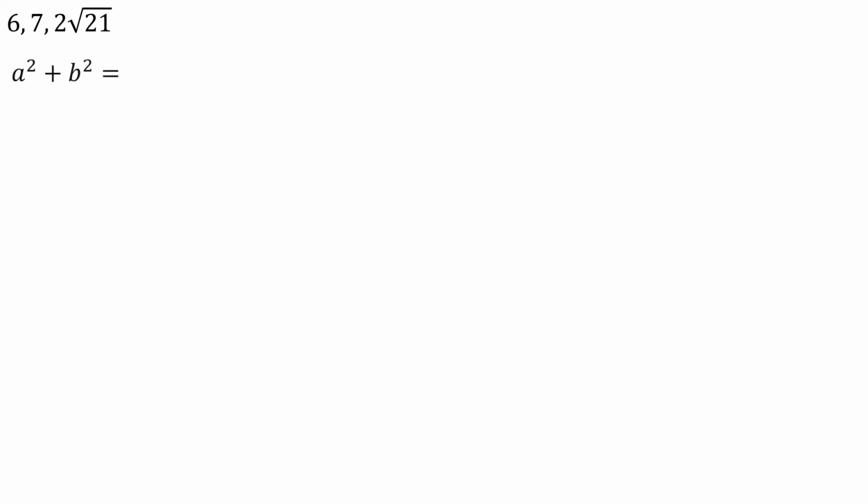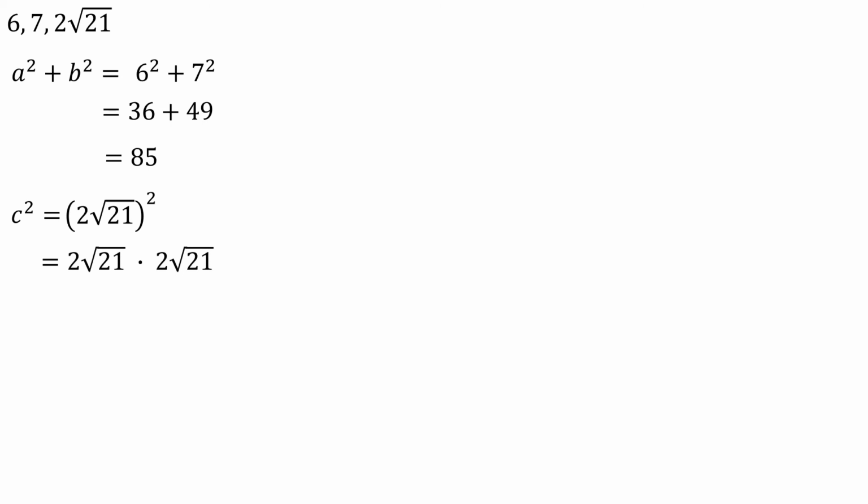So let's figure out A squared plus B squared, also known as 6 squared plus 7 squared, also known as 36 plus 49, also known as 85. What is C squared? Now remember, I have to square that entire value. So I've got a 2 root 21 times another 2 root 21.